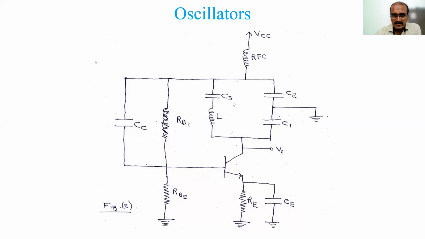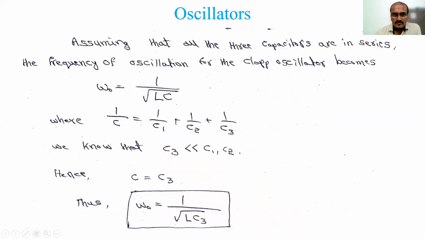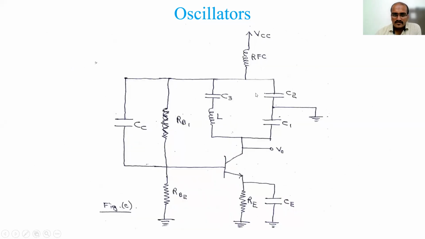So we'll see what changes happen in the equation of the Colpitts oscillator. Assuming that all the three capacitors are in series, the frequency of oscillation for the Clap oscillator becomes... If we consider this closed loop, C1, C2, C3 look like they are in series, right?